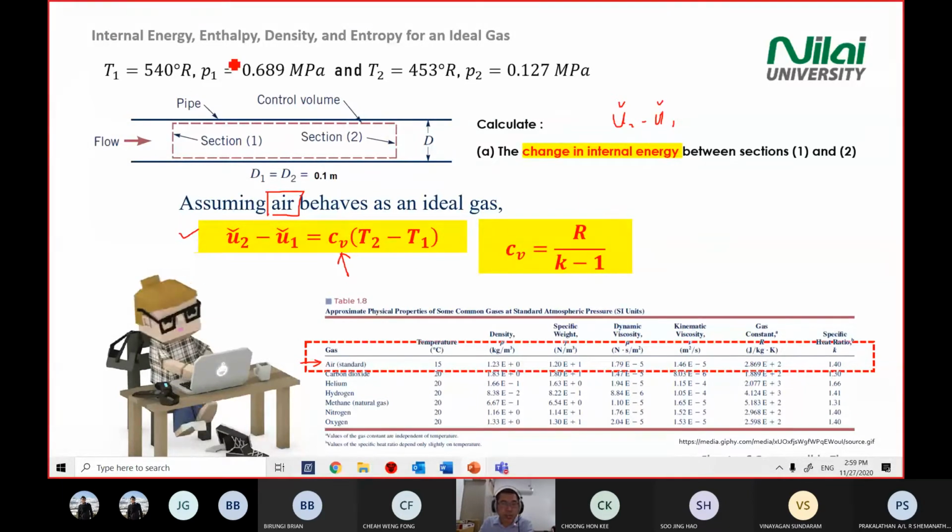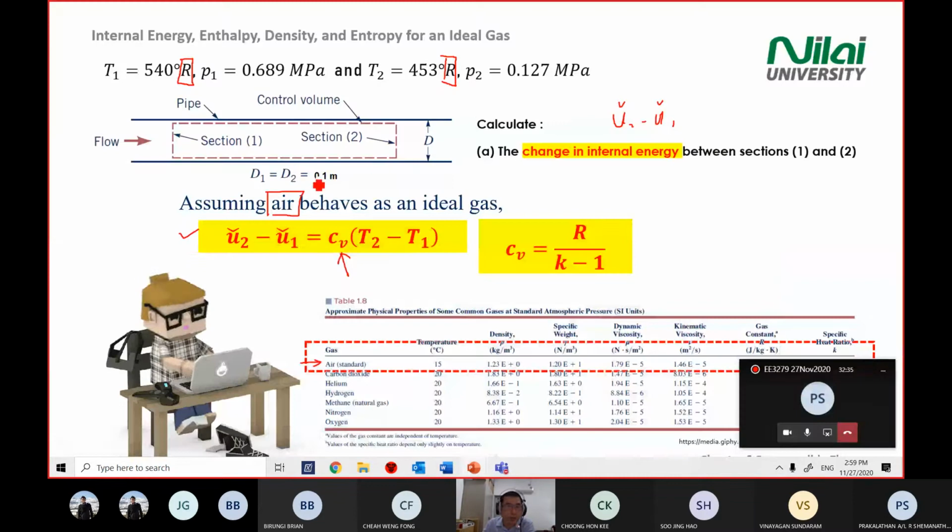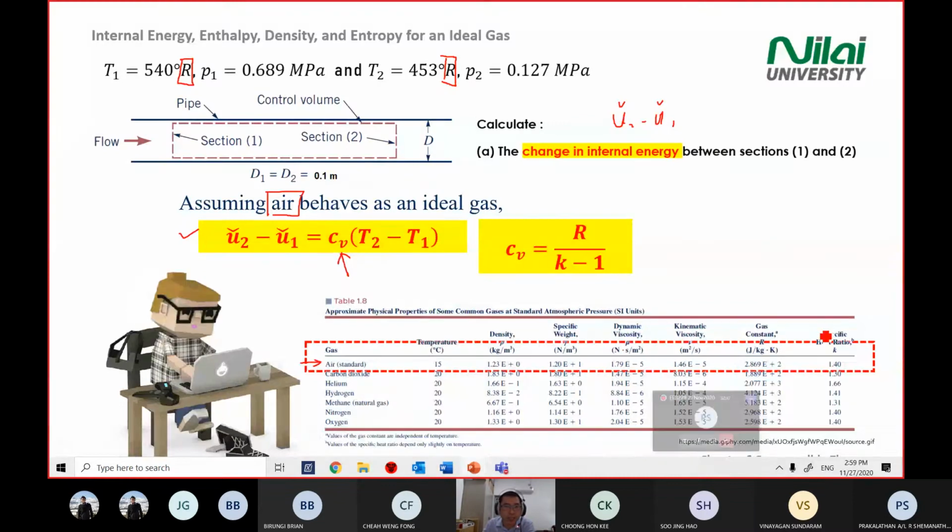One thing I need to change from the question is that in this case the temperature unit is wrong. Are you able to spot the typo error inside this question? If you refer to Table 1.8, what is the temperature unit that we should use for chapter 6?